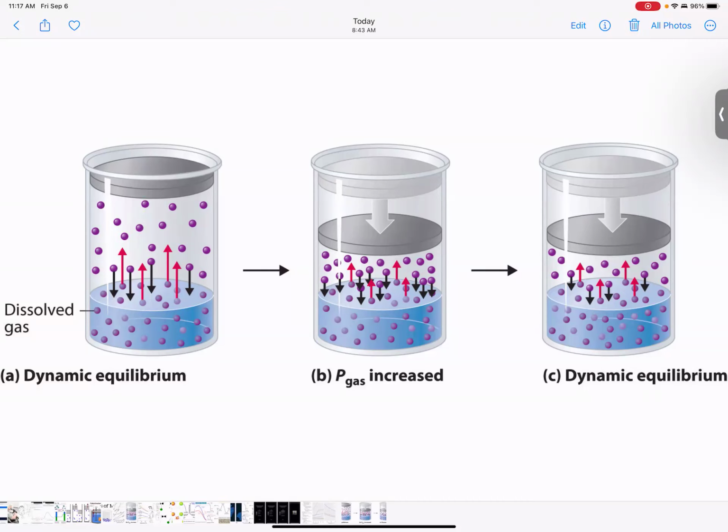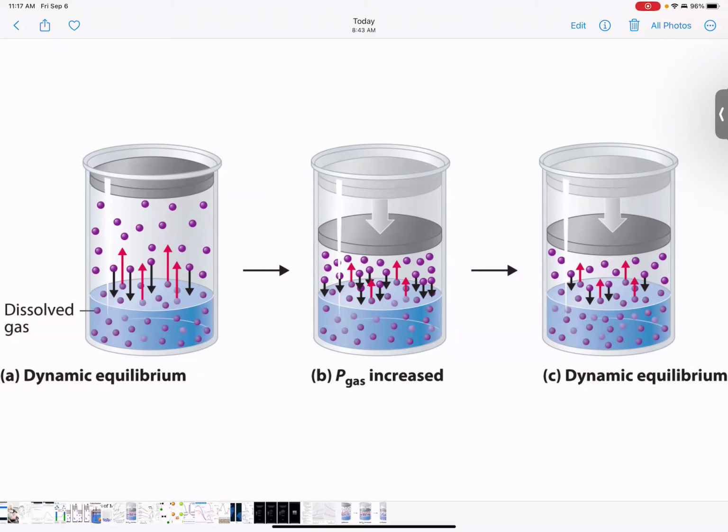But molecules are always in motion. So some are going in and some are coming out. It will increase until it establishes a new equilibrium. It's not the same equilibrium as before. It's going to be a new equilibrium.